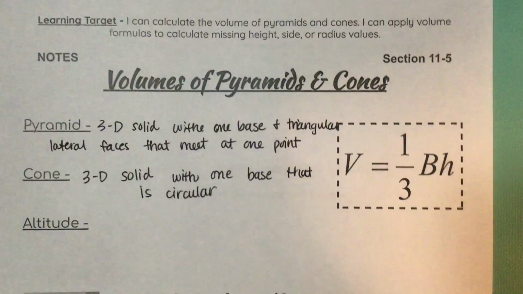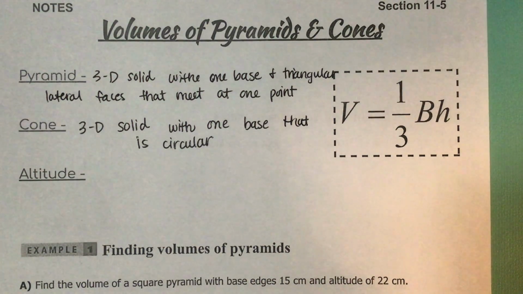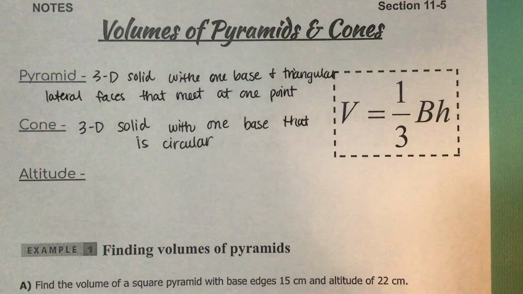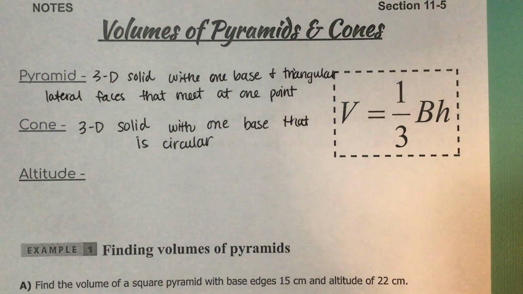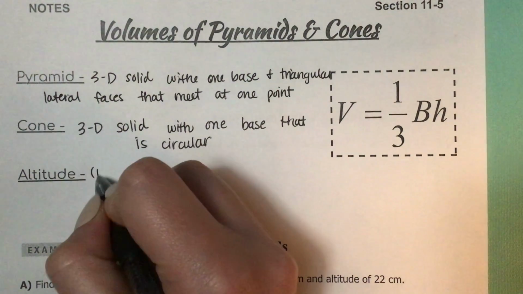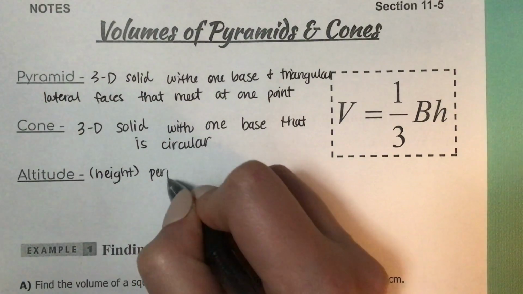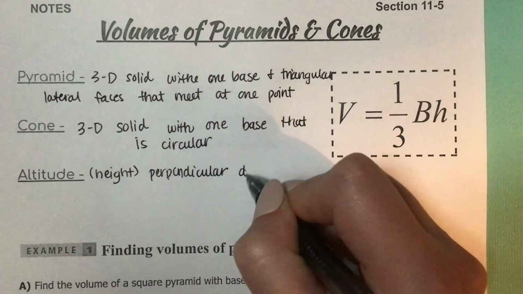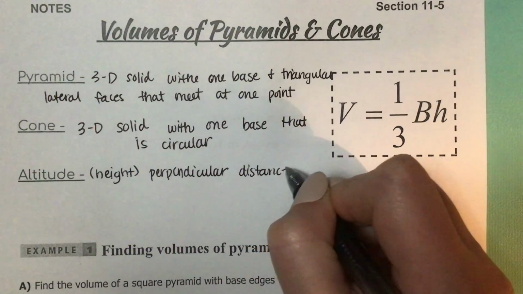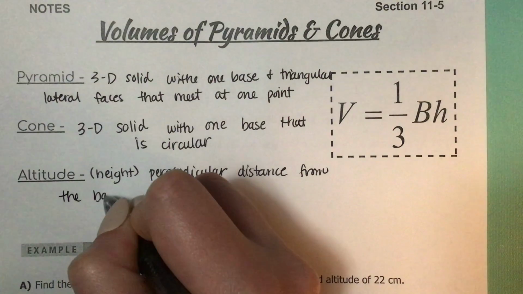And finally, we've had altitude in nearly every section of this chapter, but I do want to remind you one more time because it is such a fundamental part of this chapter. Altitude is basically height, and it's going to be the perpendicular distance from the base to the vertex.